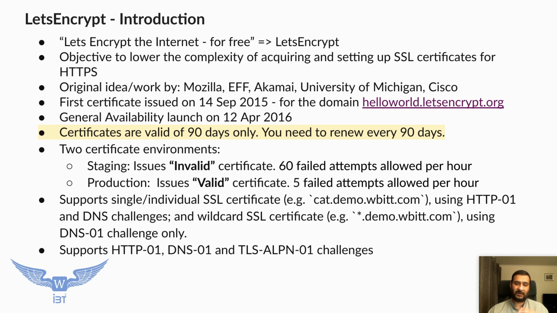When you are setting up your HTTPS with LetsEncrypt for the first time, it's advised that you use the staging environment, because when errors occur, the staging environment is quite forgiving. They allow 60 failed attempts per hour, whereas the production system allows only 5 failed attempts per hour. And if you do more failures during this allotted time, then you are blocked for a certain time.